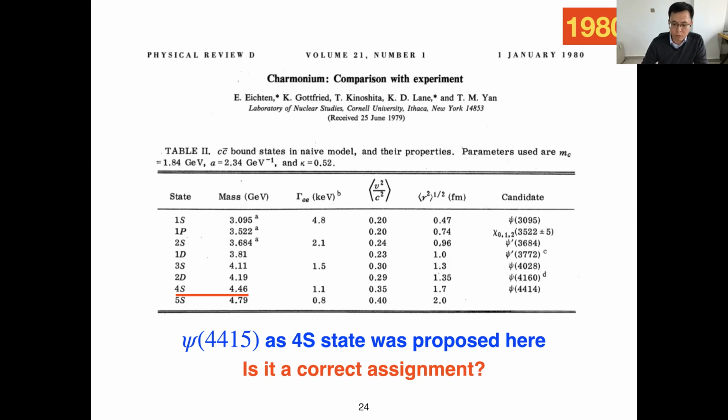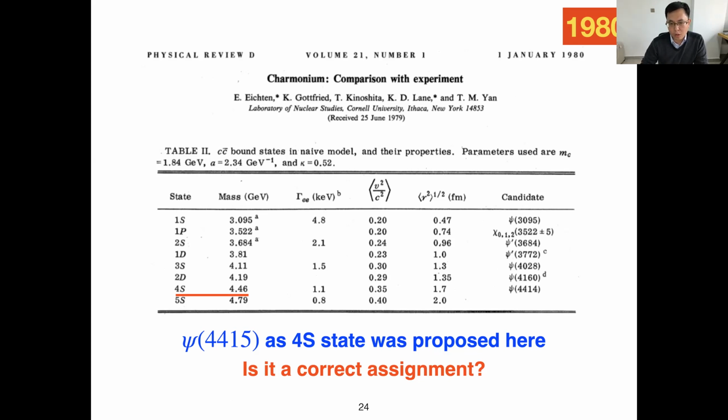If you check the other theoretical calculations after this work, I think many theoretical groups adopt this conclusion. In my talk, I want to emphasize that maybe this conclusion is not correct. Later I will introduce our progress on this point.